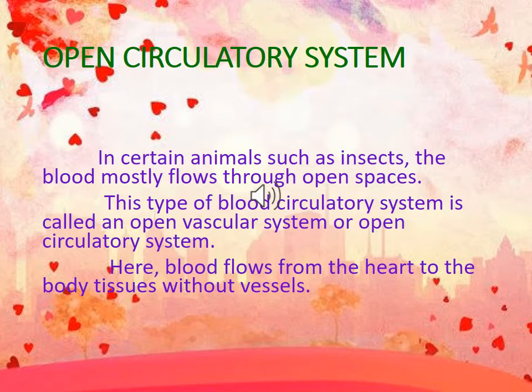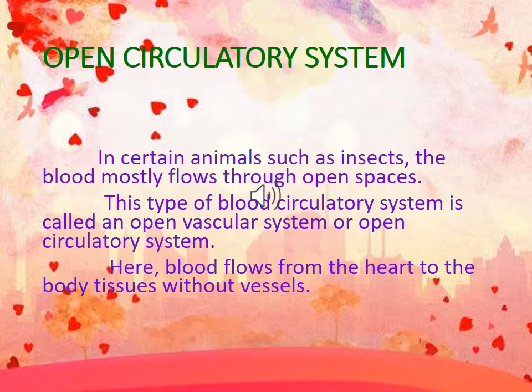Now, here is the open circulatory system. In certain animals, such as insects, the blood mostly flows through open spaces. This type of blood circulatory system is called an open vascular system or open circulatory system. Here, in this open circulatory system, blood flows from the heart to the body tissues without vessels. So, what happens? There are no blood vessels.